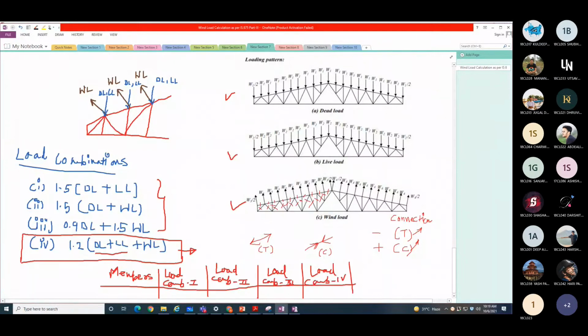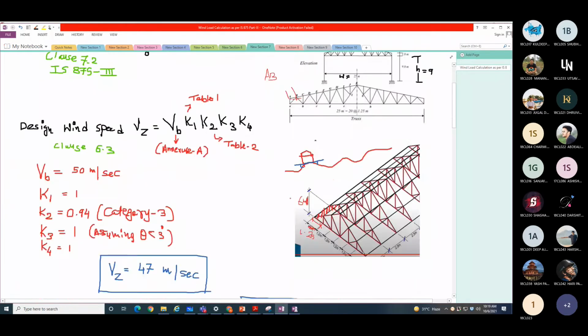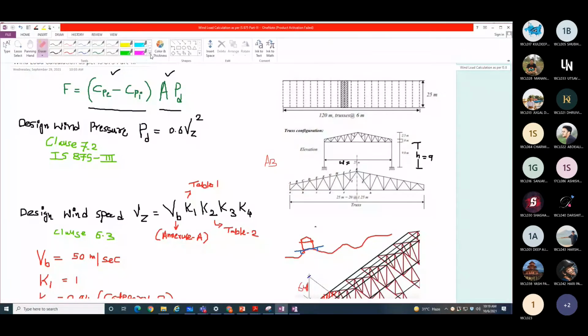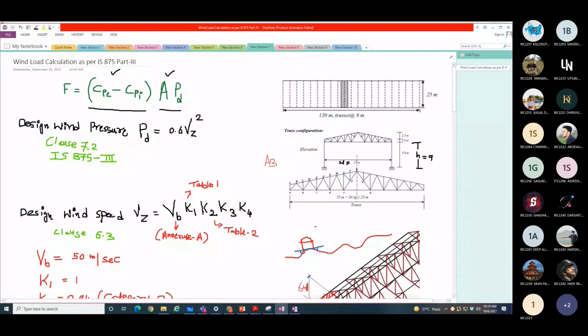So in this table, if we talk about members, the members are, if you can see over here, A, B, B, C, C, D, D, E, all these are known as principal rafters, right?